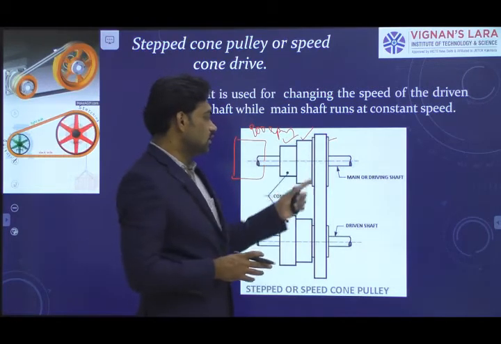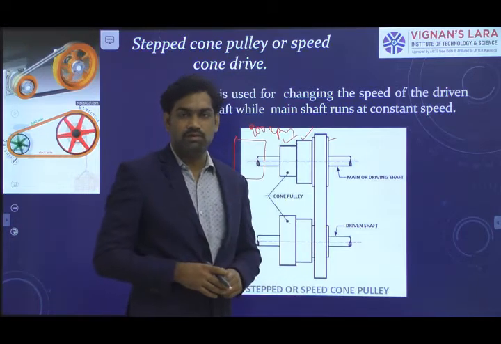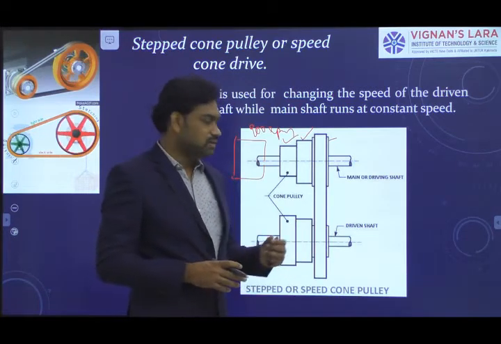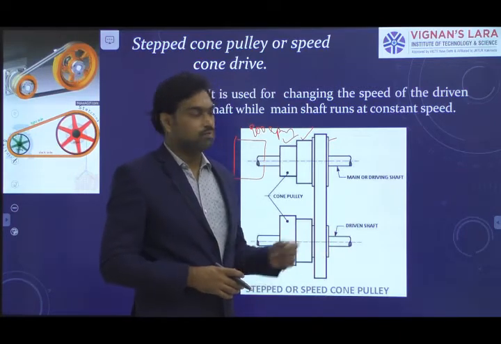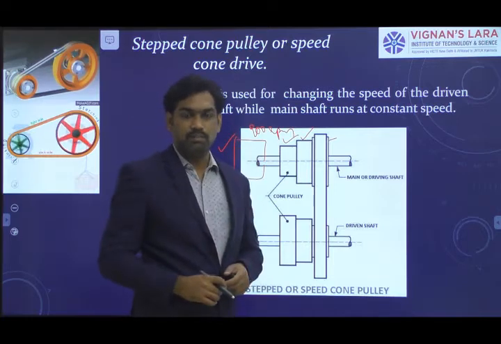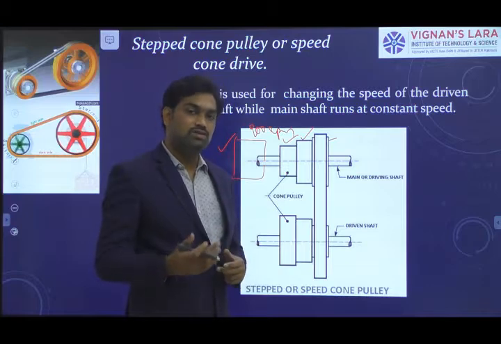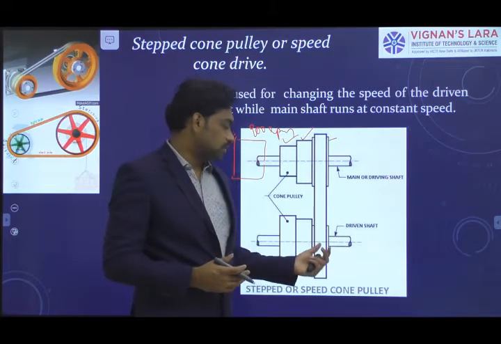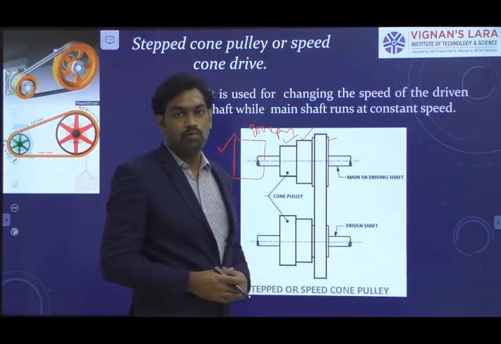This is one pulley, and another pulley can also be placed on the driven member in a similar fashion. If you change the belt from one step to another step, without changing the speed of the driving member or the source, we are able to maintain a range of speeds by changing the belt upon the different steps of the cone pulley.